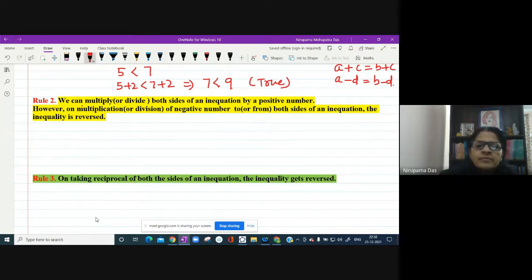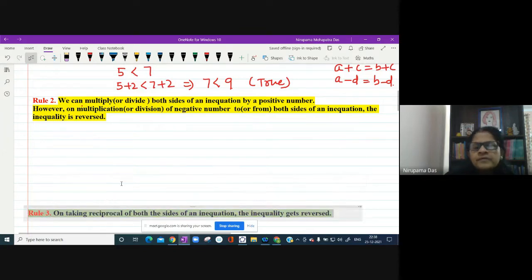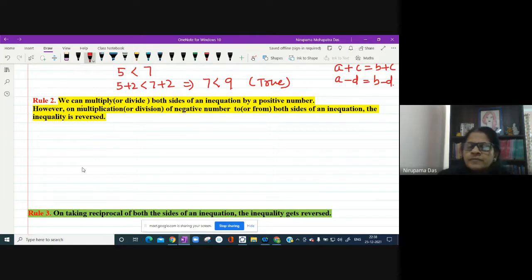Next, rule number 2: we can multiply or divide both sides of an inequation by a positive number. However, on multiplication or division by a negative number on both sides of an inequation, the inequality is reversed. Let me take one equation first. Suppose you have a equal to b.